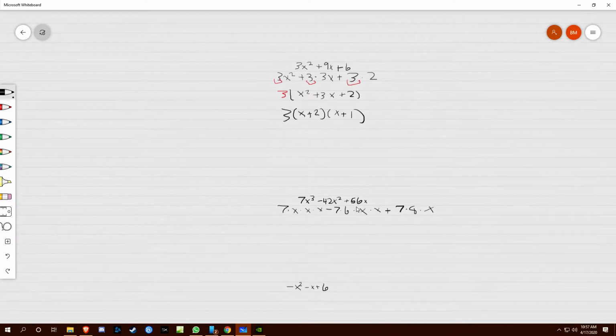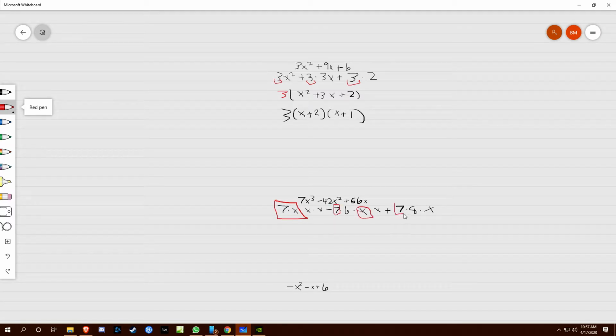And then if I go over here, sorry, I'm going to lose my spot here, they share a 7 and an x. So it's more than just a number this time.